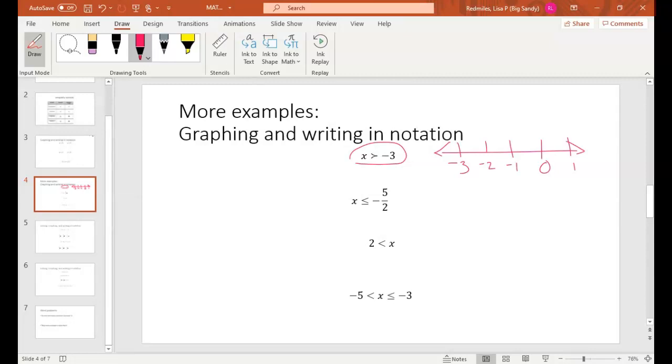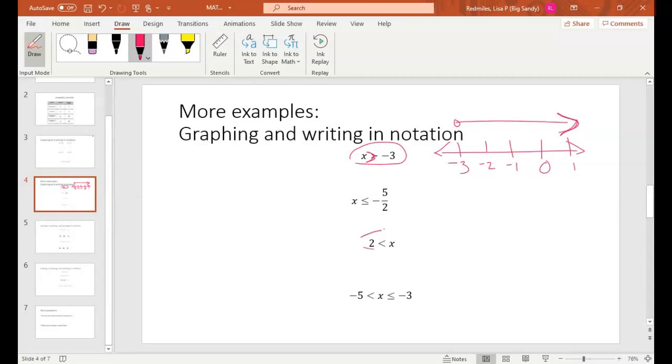So I want to remind you of that. Other than that, it's the same thing. We would have a circle that is not shaded in because it's not equal to -3. And just as that inequality sign is pointing to the right, my arrow points to the right. So what I'm saying by that is this symbol is going that way, and my arrow, notice, is the same.